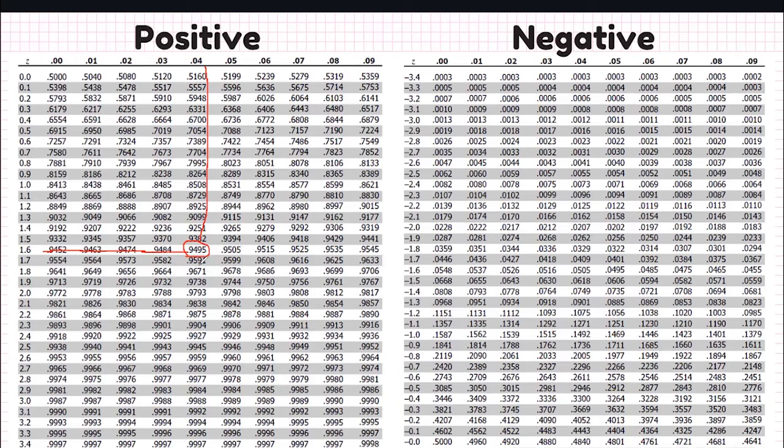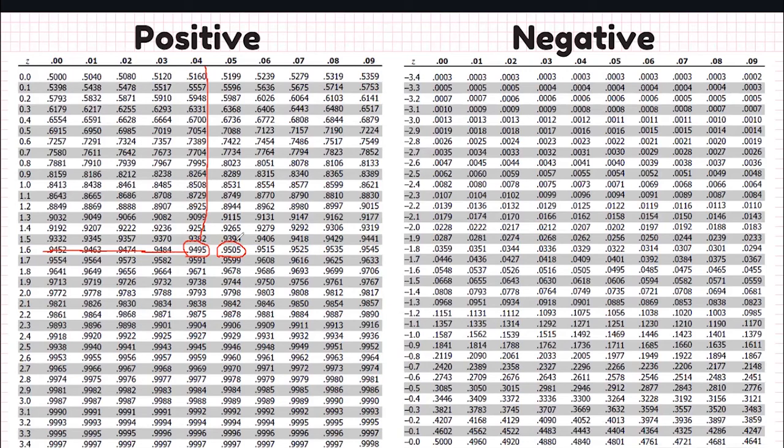So the z-score for the value 0.9495 is 1.64. Let us move to the next value, which is 0.9505, which is in the same row as 0.9495, which is 1.6 here.